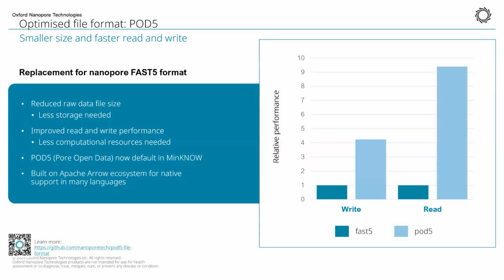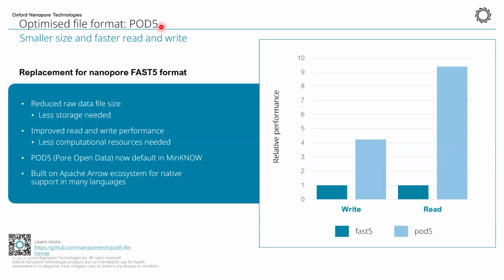That used to be the case with all the Nanopore data. But presently we have a different format which has some additional benefits. For example, reduced file size, saving on storage, and also requiring less computational resources for writing, reading and saving. And this file format is called POD5 format.